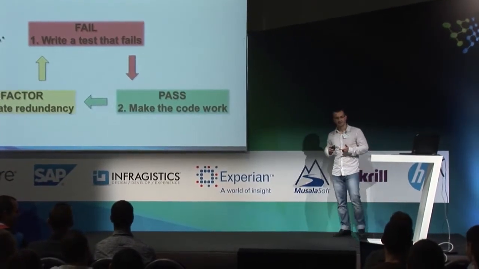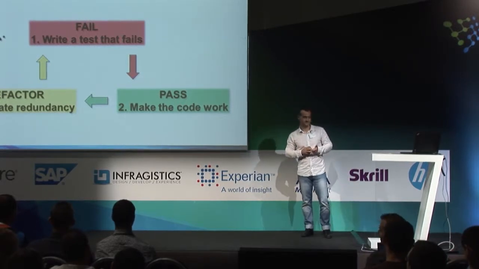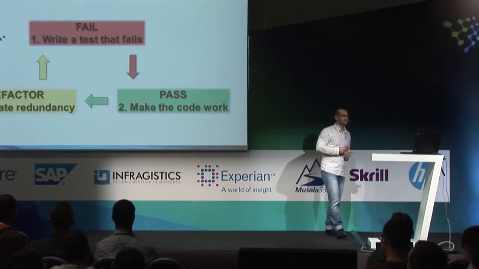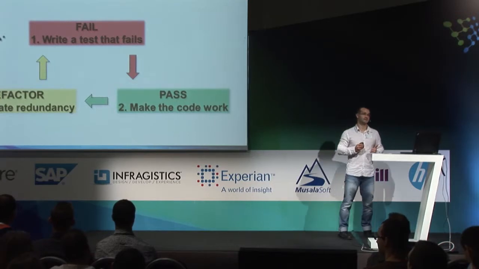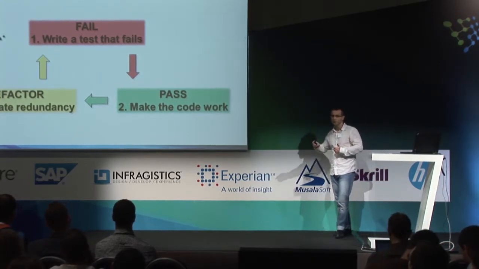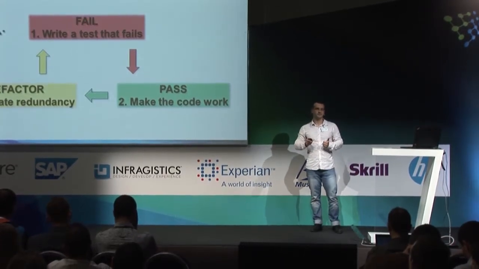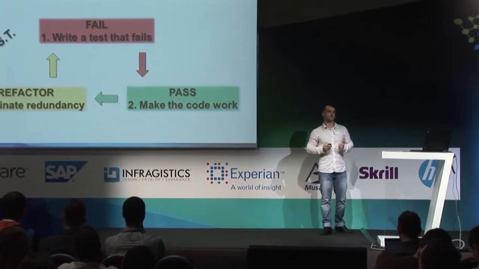This is the contrast with the integration tests. S is for self-checking. There must be no human who has to go and see and say, this test passed, this test doesn't pass.